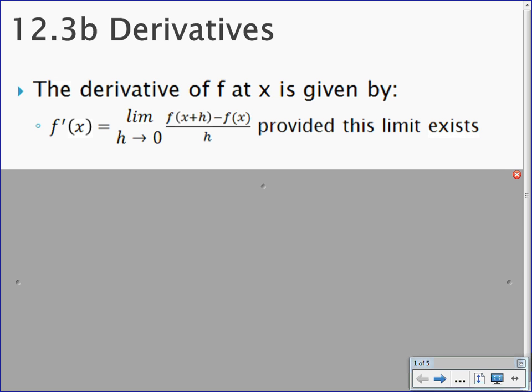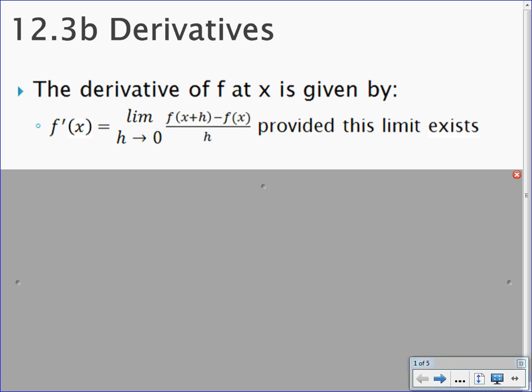Write this down because you need this notation, and I will tell you what it means. The derivative of f at x is given by this, provided the limit exists.